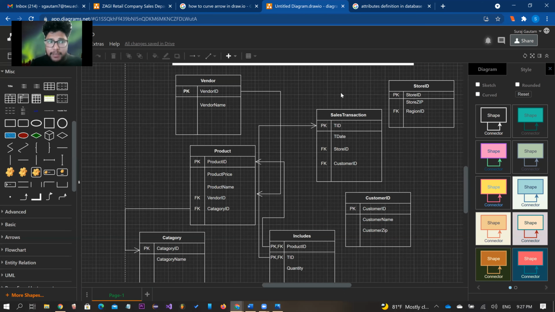Let's see. Customer ID, which is directly linked with the primary key of the customer ID.